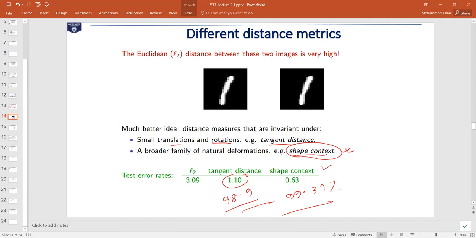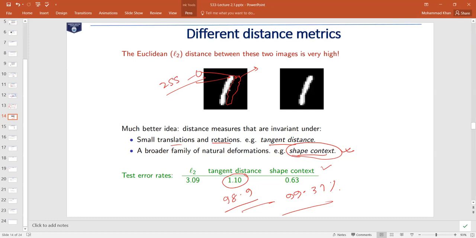For example, if we have a 1 here, and if we shift the 1 even by a couple of pixels, for example, from here to here, then for the translated image, the distance will be huge. For example, here the pixel value is 255. Maybe here the pixel value is 0.